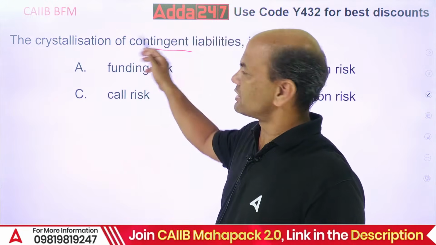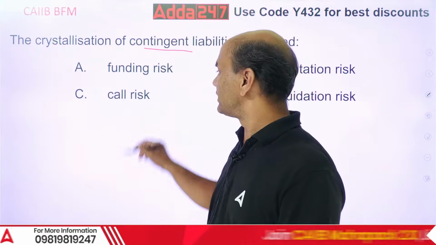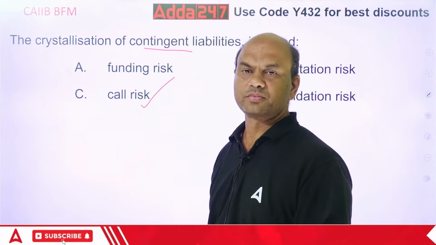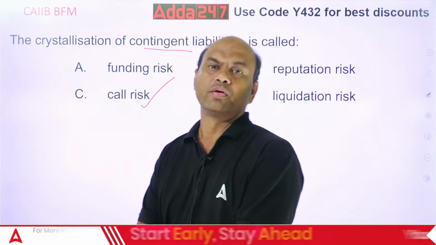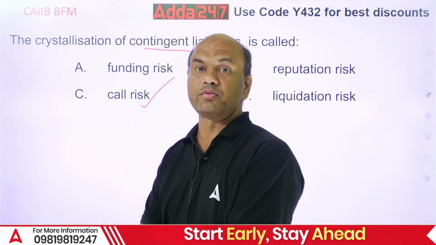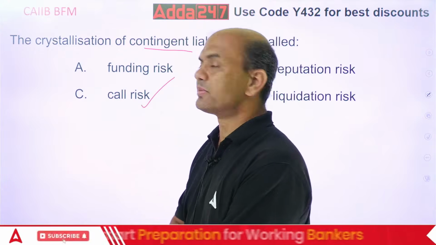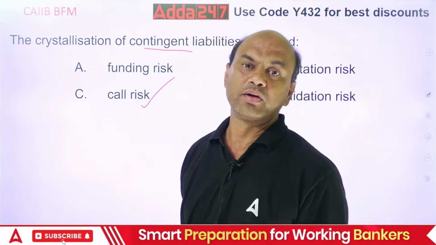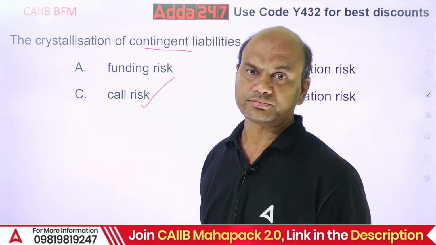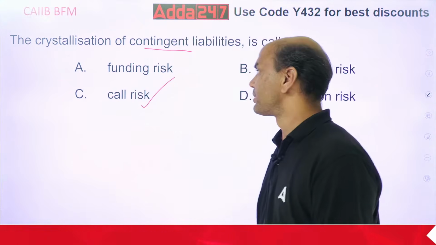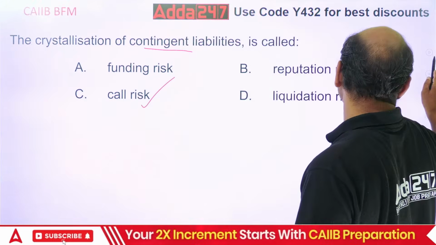So crystallization of contingent liability will be known as call risk. Whenever you have crystallization of this contingent, meaning LC and bank guarantee, whenever you have to make the payment, that's actually called a call. Got it?